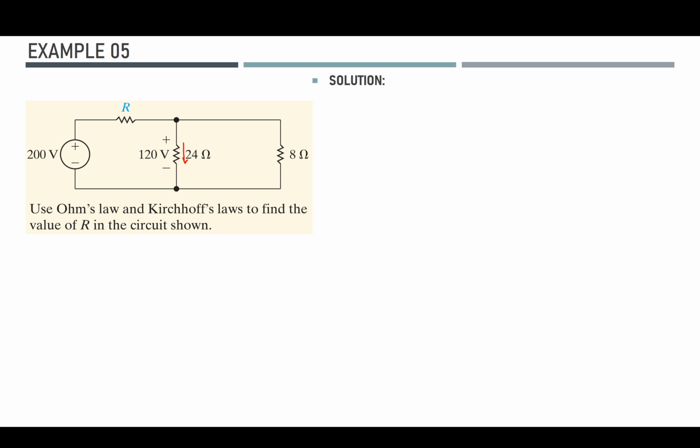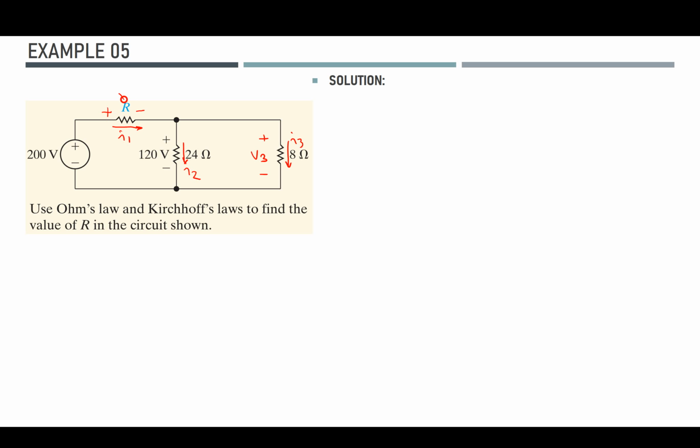I can arbitrarily choose a voltage value for this resistor, and also a current direction which is consistent with my chosen direction. Let's say this is I2, this is I3, and I can also give some arbitrary I1 in this direction.